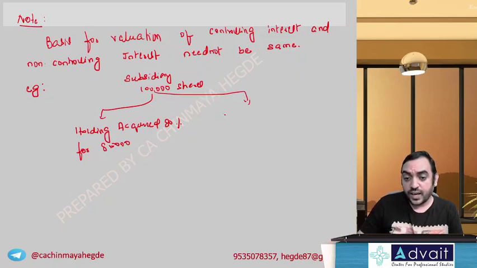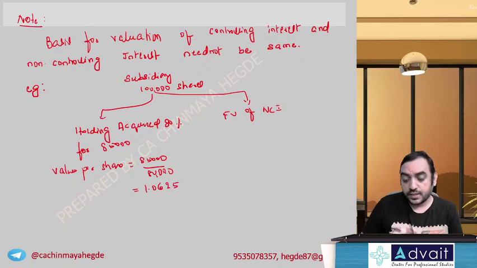So the fair value of NCI ideally should be what? The same value per share. If I consider 85,000 divided by 80,000, that is 1.0625, and the remaining 20,000 shares into 1.0625, we get 21,250. It need not be.